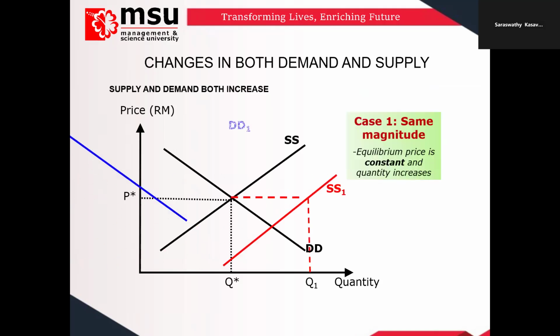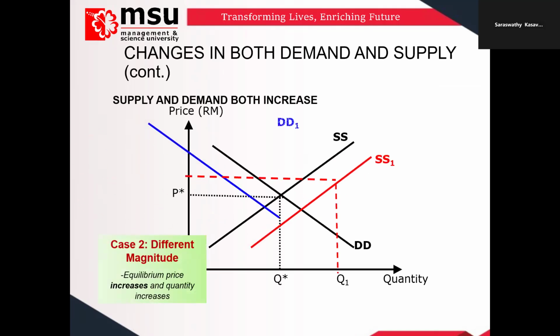After the increase in demand, the demand curve will shift to the right from DD0 to DD1, and the supply curve will also shift to the right from SS0 to SS1. If they shift by the same magnitude, the equilibrium price is constant and the quantity increases from Q star to Q1.